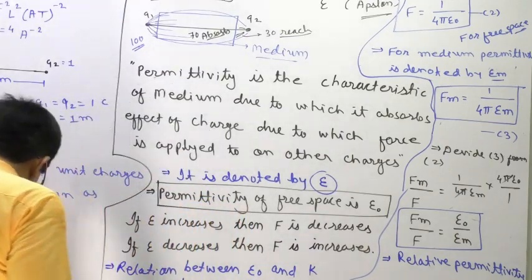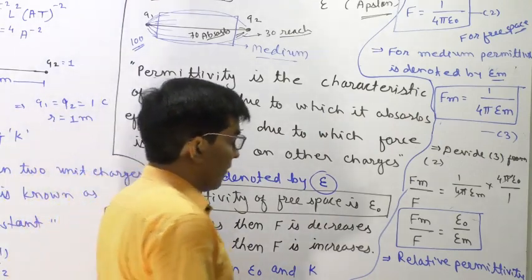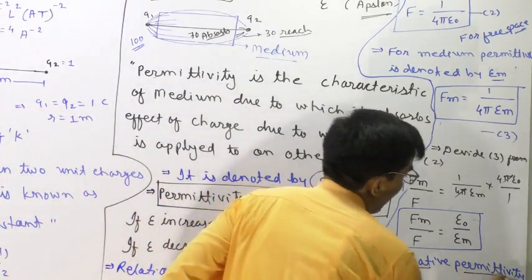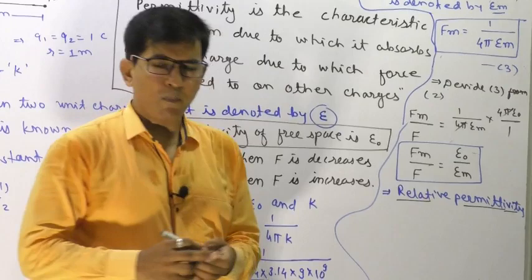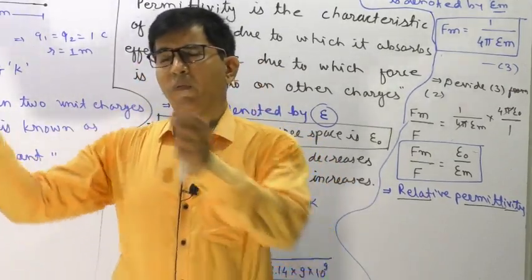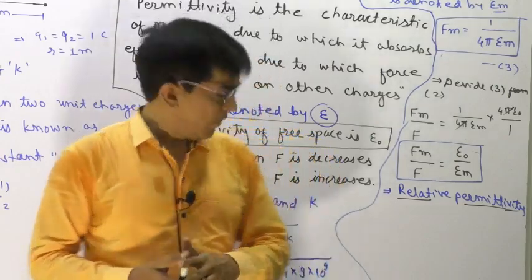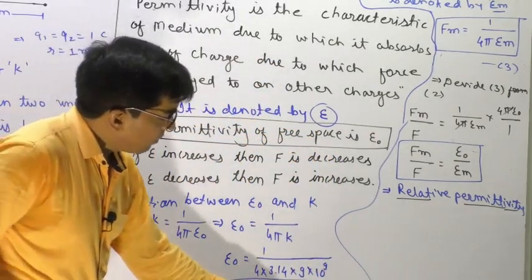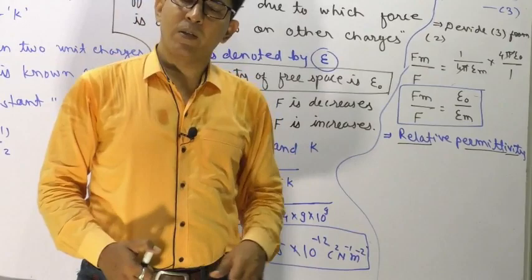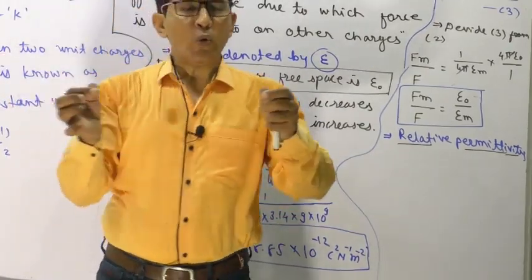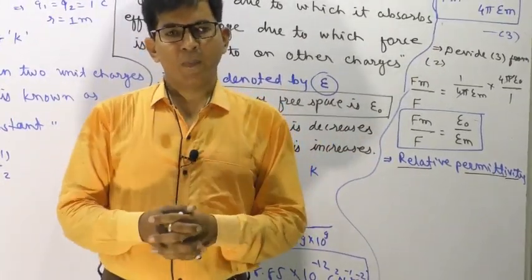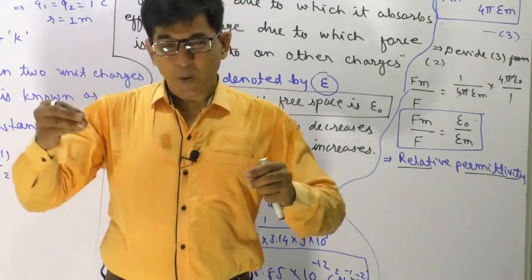So if we want to decide relative permittivity, suppose we have put 2 charges into free space, and the permittivity would be, we know, 8.85 into 10 to the power minus 12 coulomb square per Newton per meter square. But when we put 2 charges into a particular medium, then what would happen? Then the force will decrease.